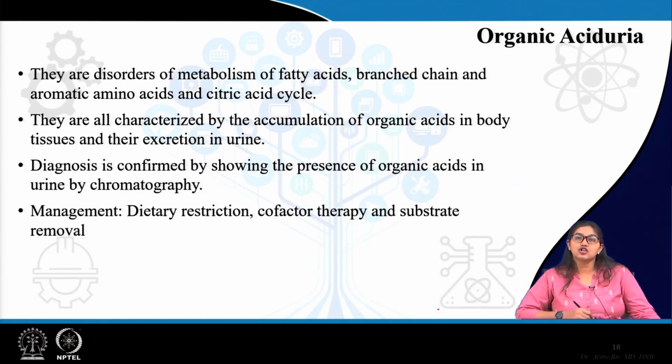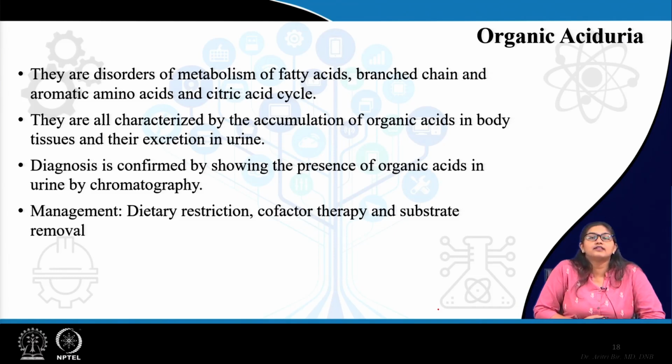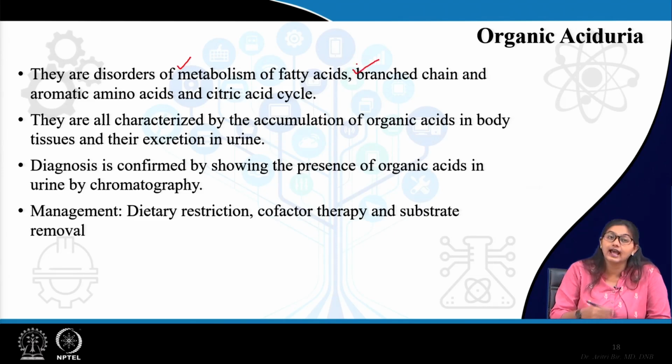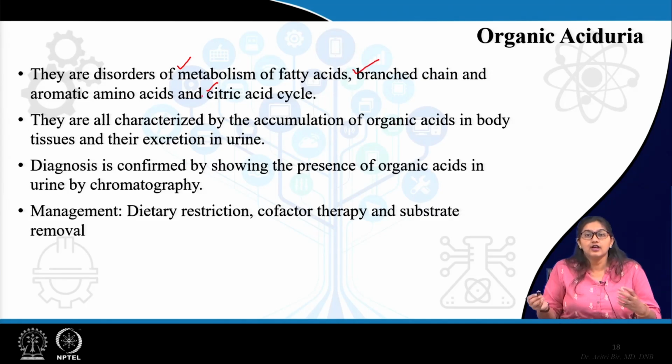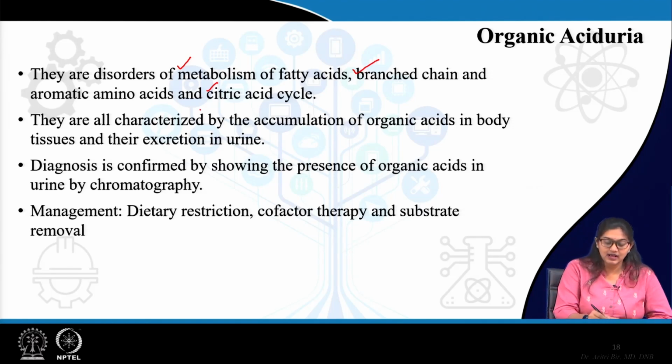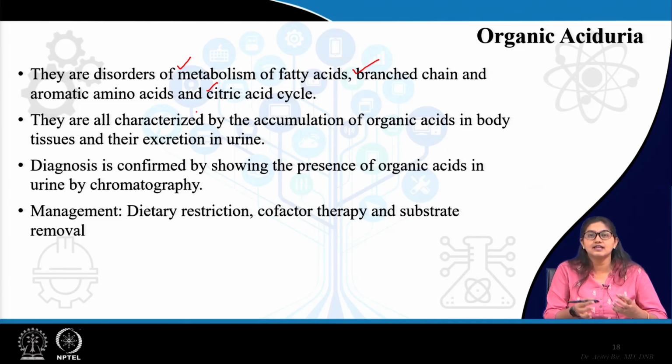Next, we are going to discuss organic acidurias. Organic acidurias are the manifestation of beta oxidation enzyme related defects, and can be related to metabolism of fatty acids, sometimes branched chain and aromatic amino acids as well, and also defects of the TCA cycle. Once we discuss the integration of all the metabolism, protein, carbohydrate and fat, you will see how organic aciduria is connected.